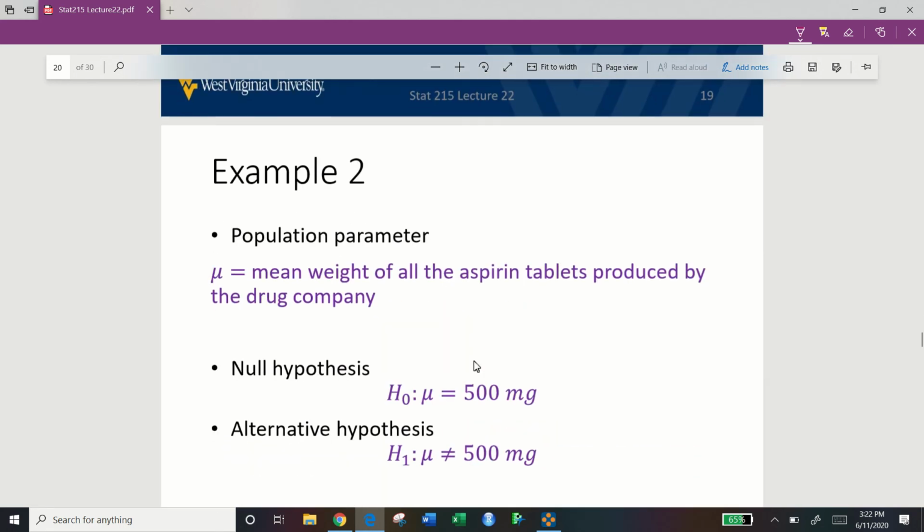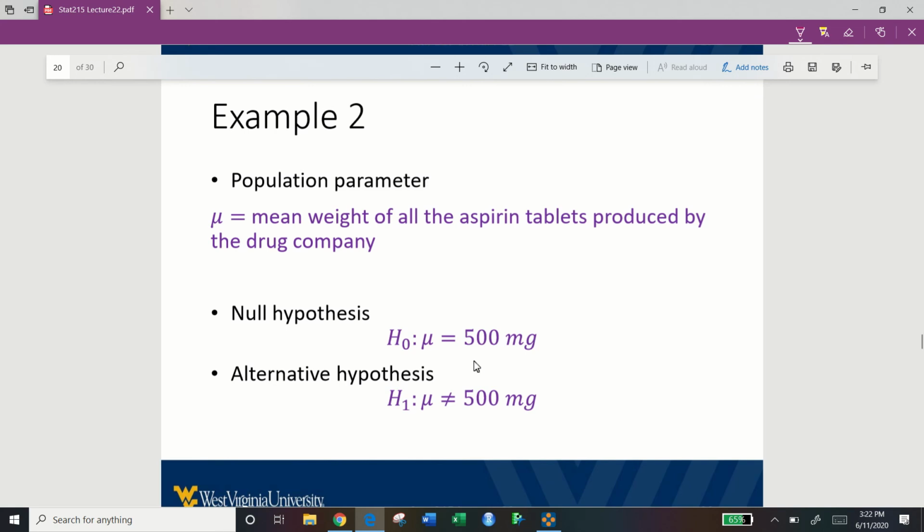To begin, we need to state our hypothesis. Once again, the problem was talking about means. So obviously our population parameter will be mu. Specifically, it will be the mean weight of all aspirin tablets produced by this drug company. Our null hypothesis then will be H0 colon mu equals our hypothesized value.